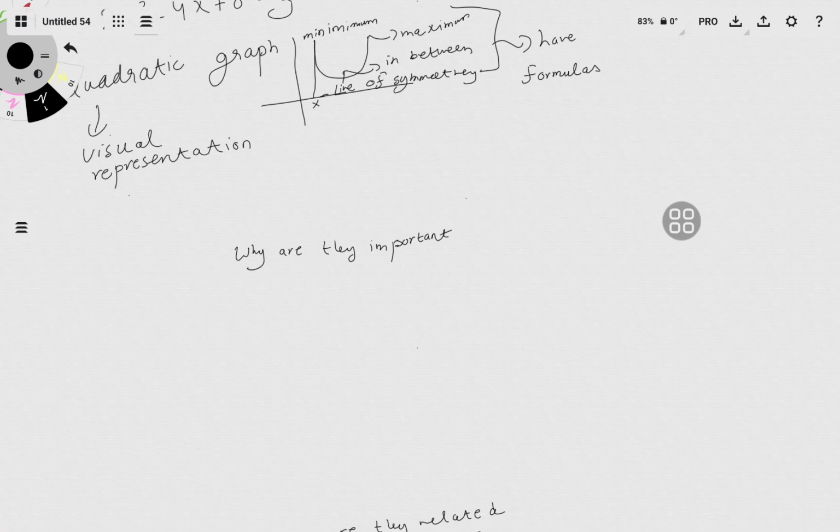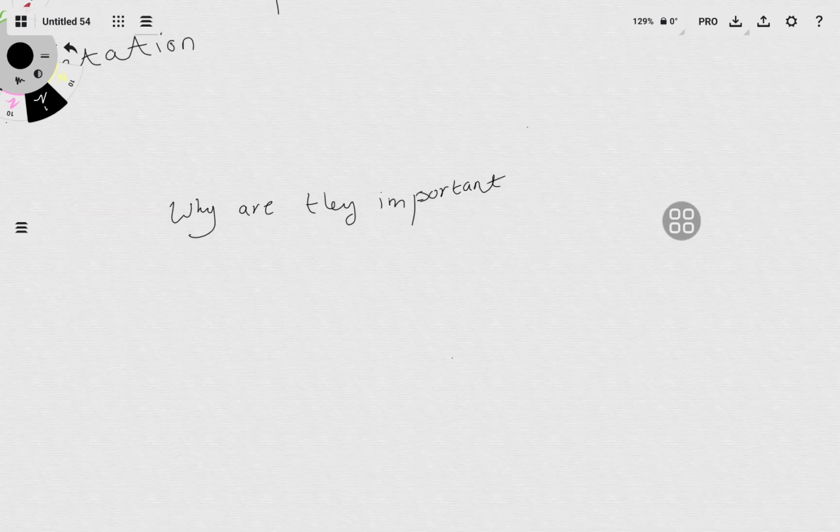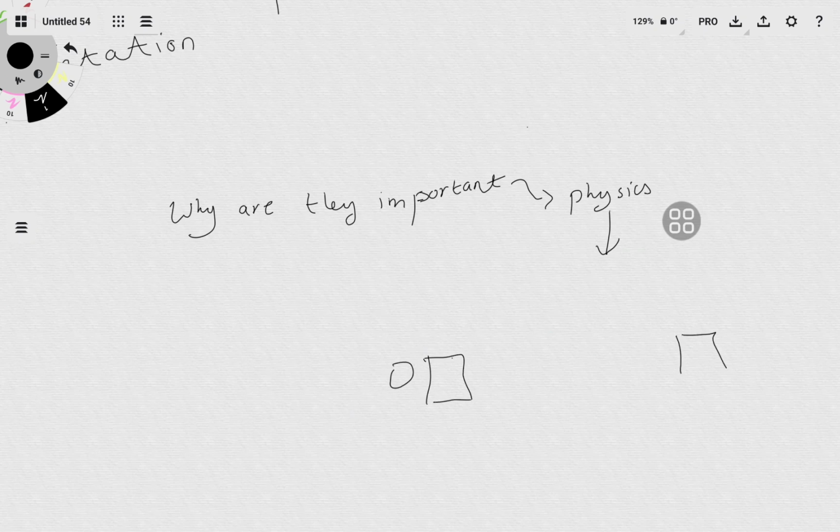Why are they important? Quadratics can be used to predict things, and they are very important in physics. For example, if we have a missile, this is an island here and this is an island here.